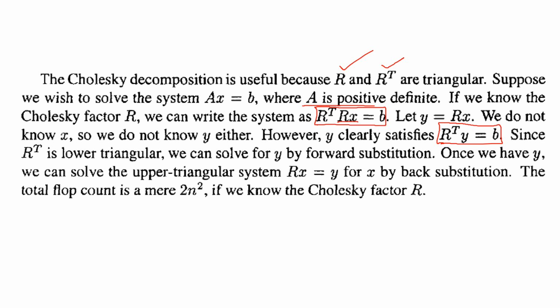Now we have two systems, y is equal to Rx and R transpose y is equal to b. y is unknown, so we will solve this system first, and later we will solve y is equal to Rx when y is known, and we will calculate x. Hope you will solve using the Cholesky decomposition method.